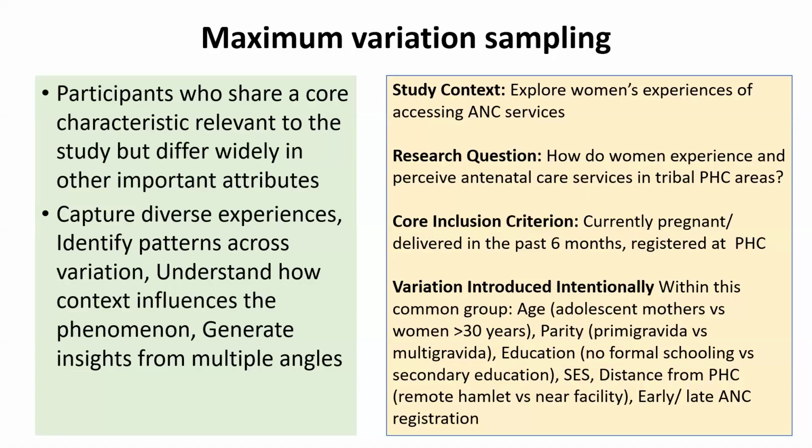Now, this maximum variation sampling helps me capture diverse experiences, identify patterns across variation, see what are the contextual effects on seeking antenatal care services, and therefore I am going to get an insight from multiple angles. So in maximum variation sampling, you have one core inclusion criterion and you top it up with other attributes which will vary, so that you get a very holistic picture of understanding a particular phenomenon.